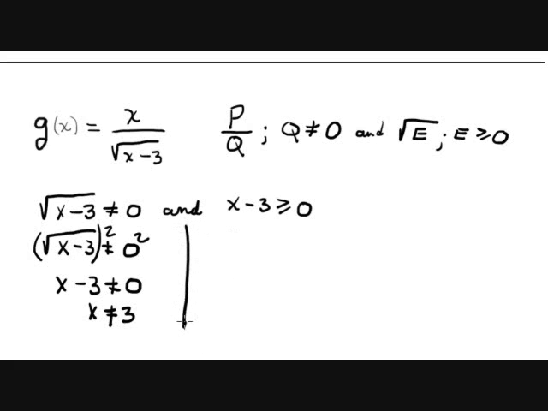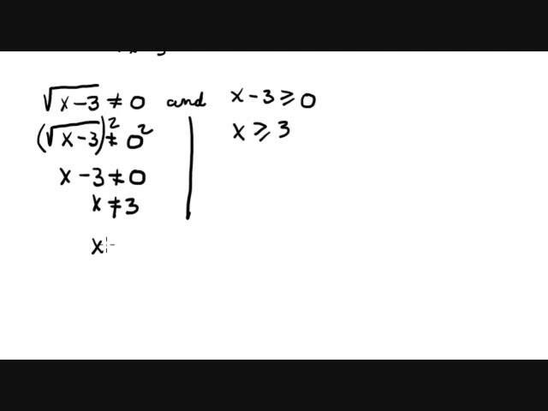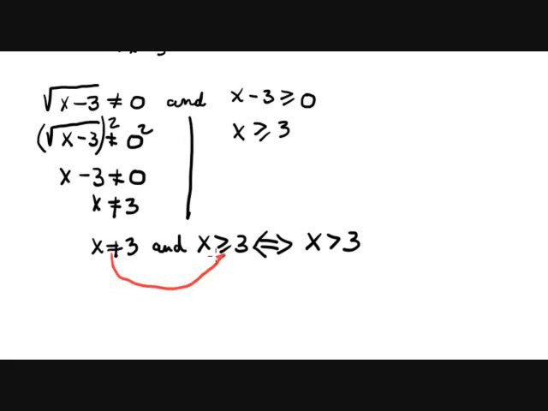And the inequality part is x greater than or equal to positive 3. So far, this condition, x different to 3 and x greater than or equal to 3, is equivalent to saying just x greater than 3, because it's obvious that this part and this part are a contradiction, right?